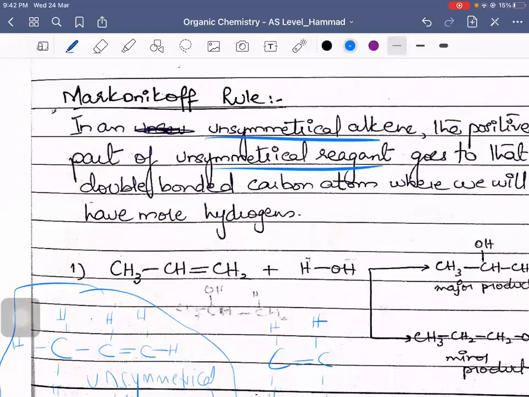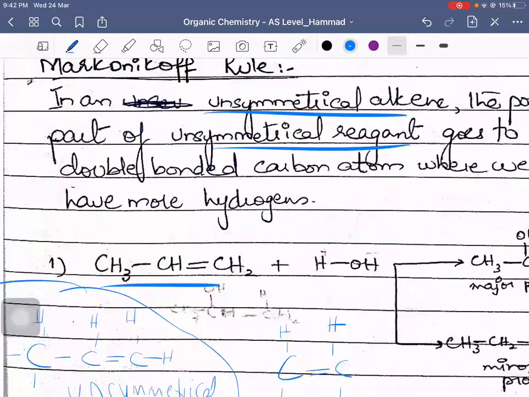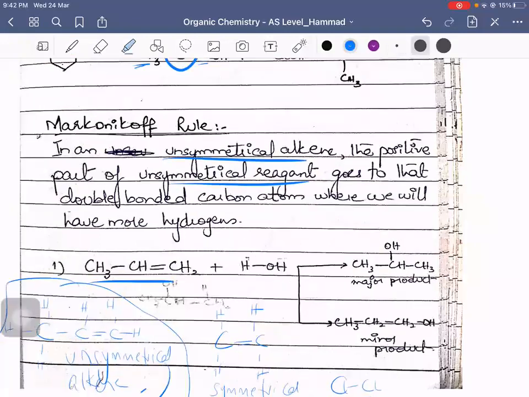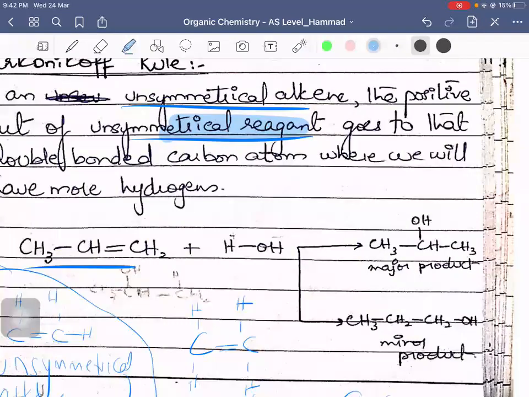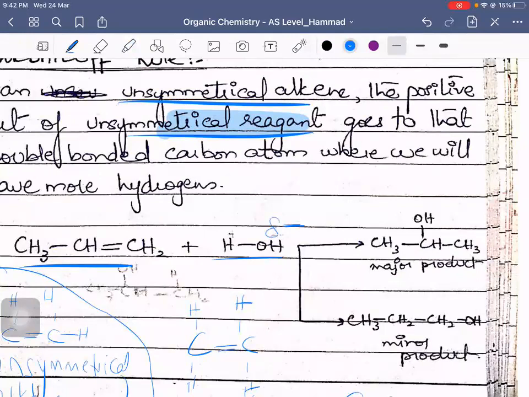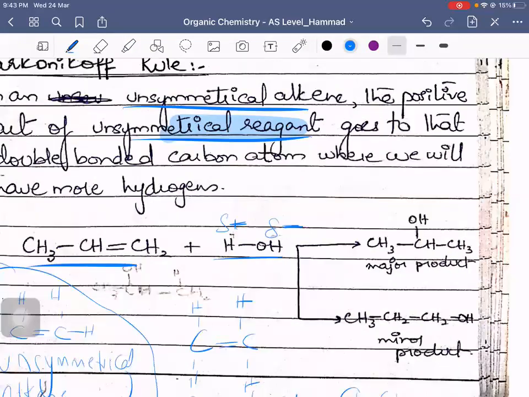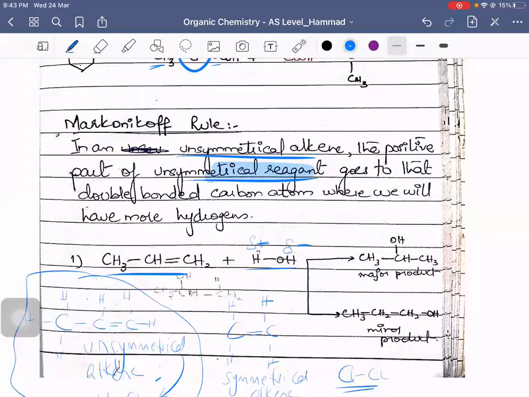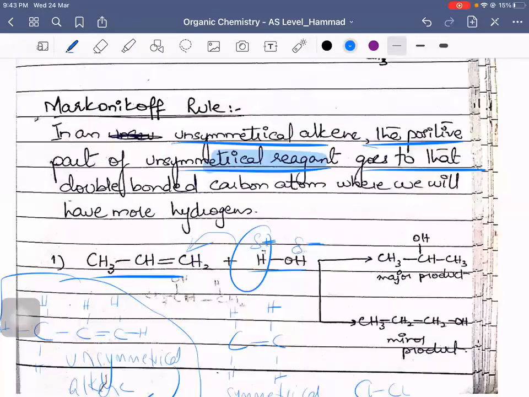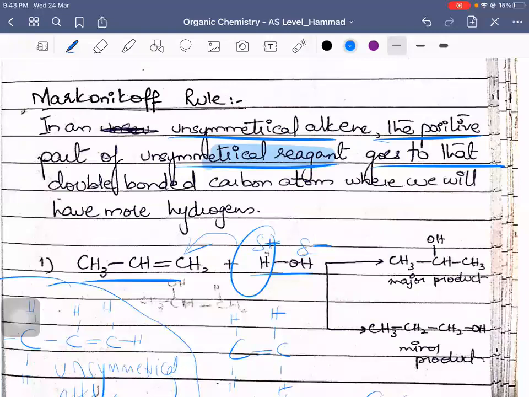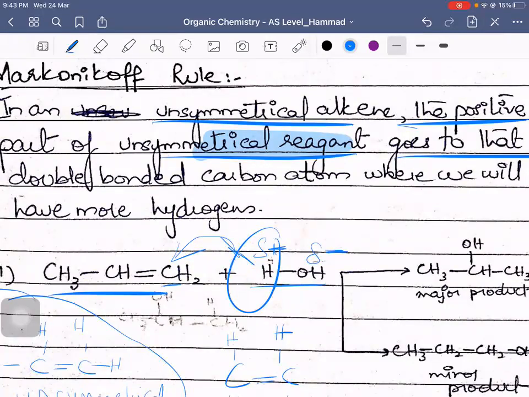For example, I have CH3CH2. The rule says in an unsymmetrical alkene, the positive part of the unsymmetrical reagent. Now, this is water. This is the negative part, the more electronegative part. This is the positive part. So the positive part of the unsymmetrical reagent will go to that double bonded carbon atom where we have more hydrogen, meaning hydrogen should be added to this carbon, and thereby this produces a major product.